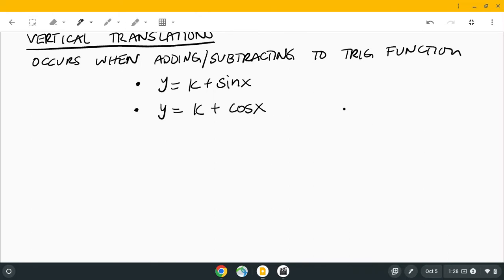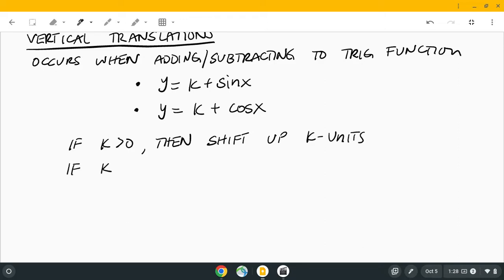If k is positive, then it will shift up k units. And if k is negative, then shift down.